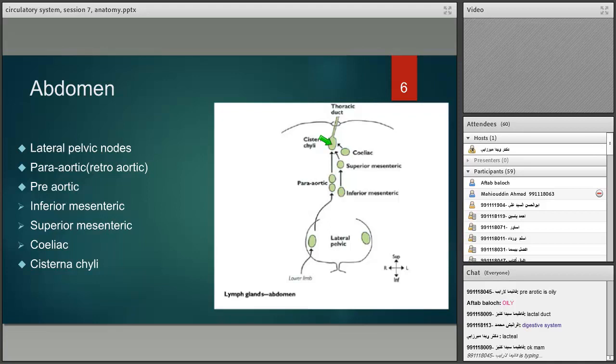Okay? It's a variation, and in them it's just a duct, not a cistern.